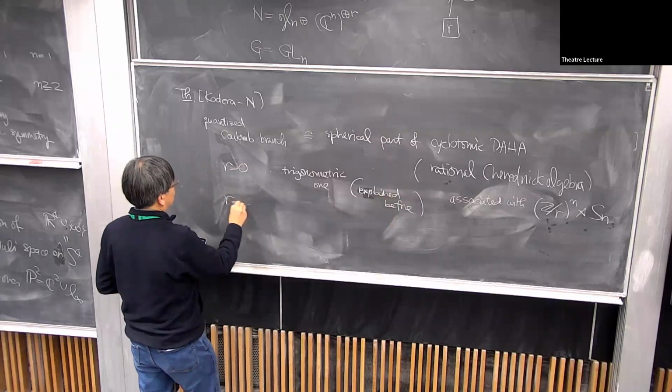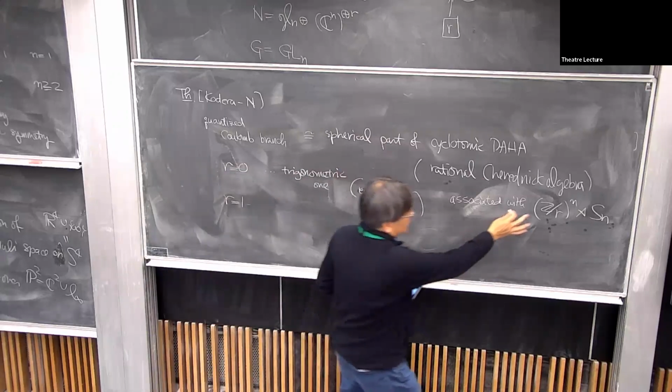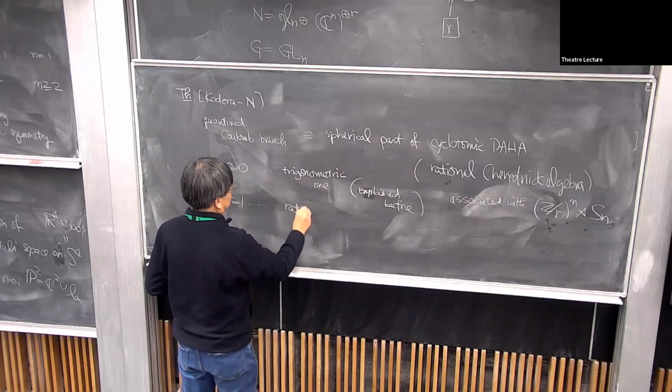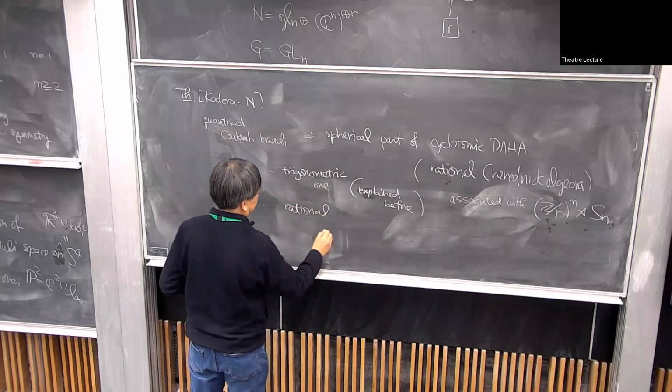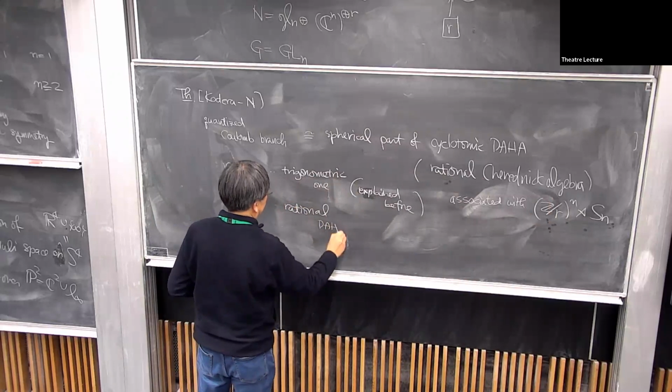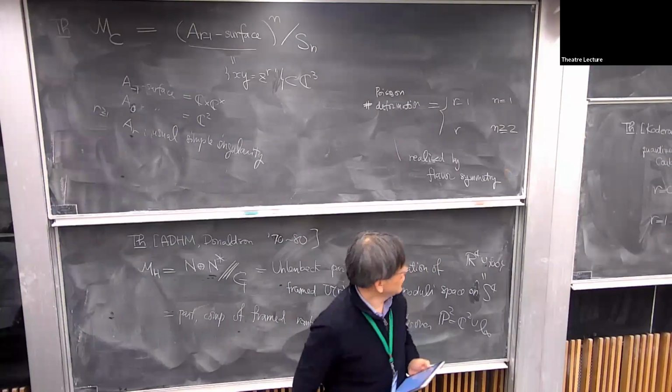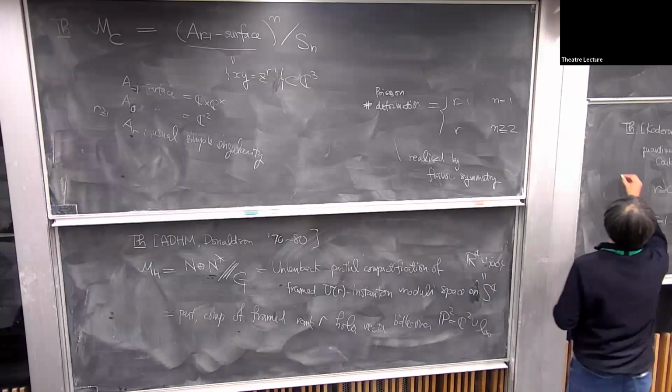And for R equal 1, then you get the rational DAHA. But you still take K-theory, right? You still work with K-theory rather than... No, this is the homological one.